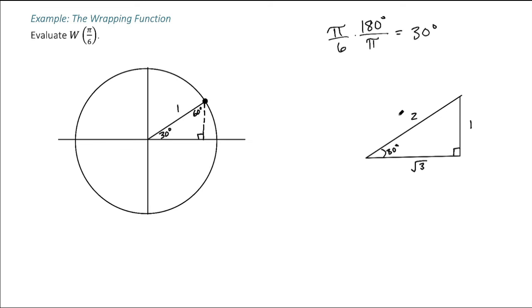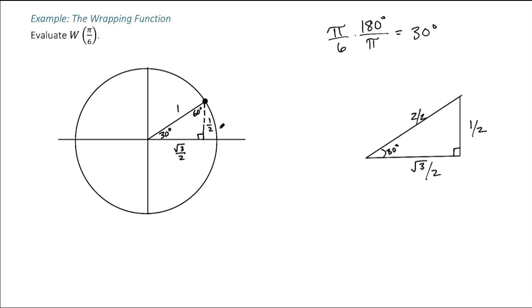So I've just scaled this triangle down. To get from 2 to 1, I just have to divide by 2. So we'll divide each of these by 2, and I'd have the square root of 3 over 2 here, and 1 over 2 here.